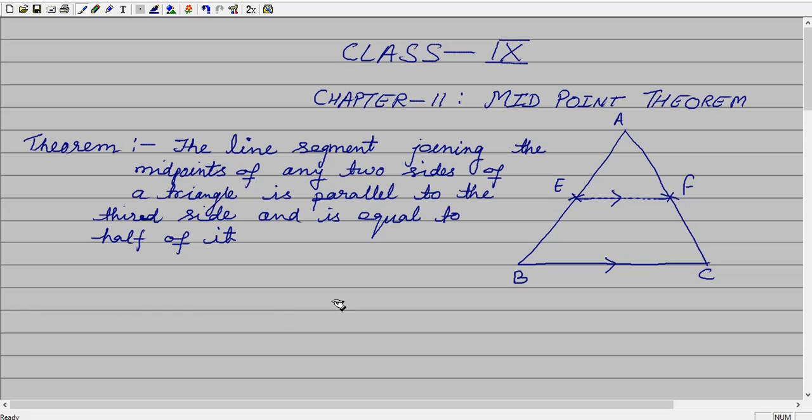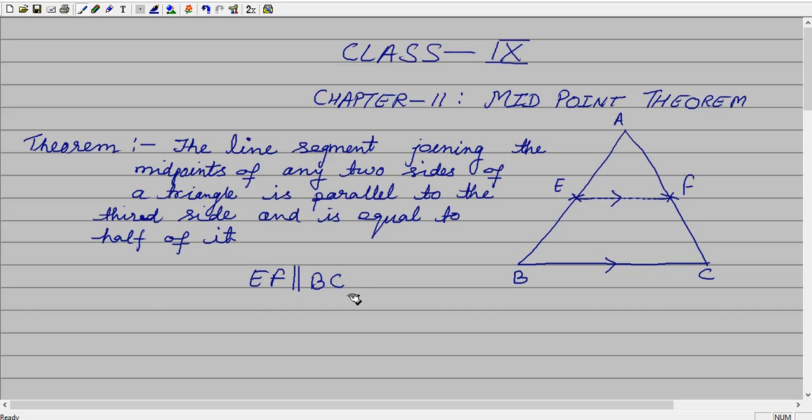It means if you join the midpoints of any two of the sides, then the line segment EF is always parallel to the third side. Means EF is always parallel to BC. Always remember this statement.